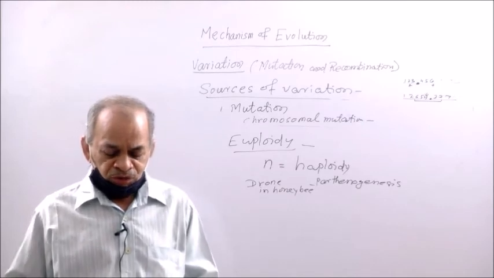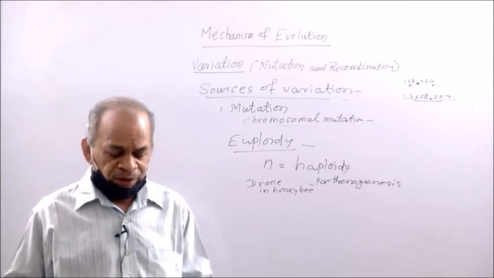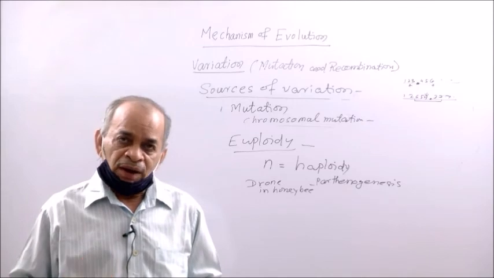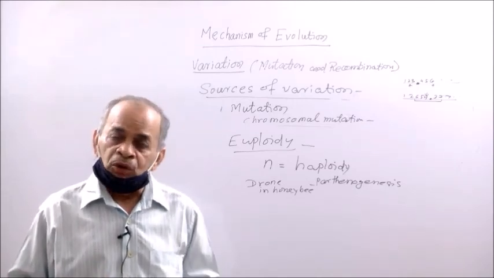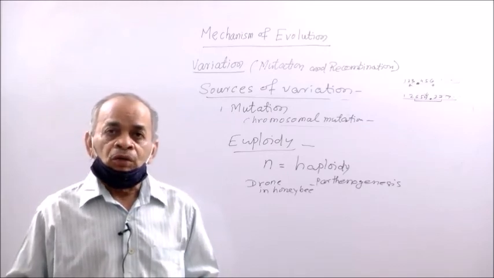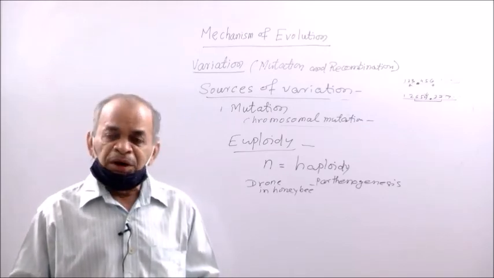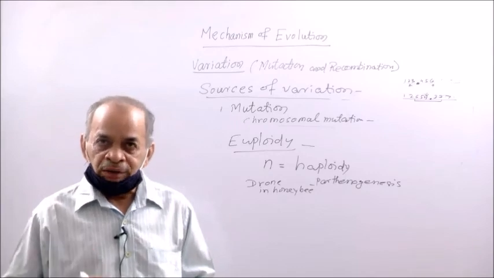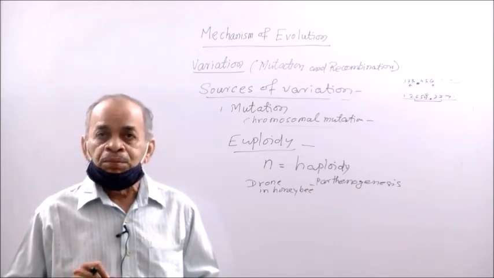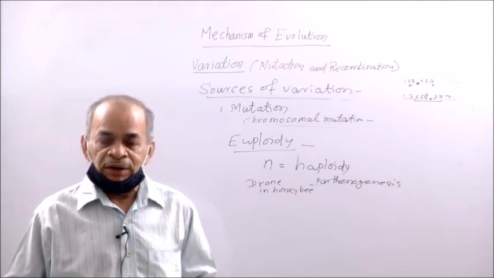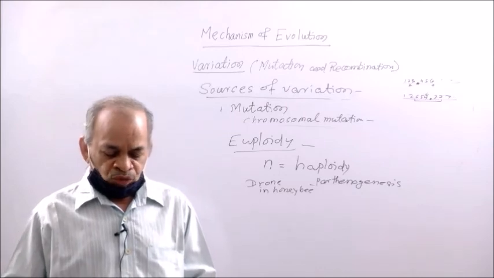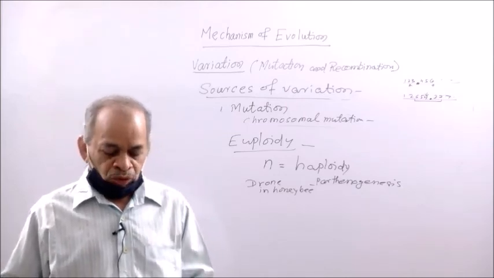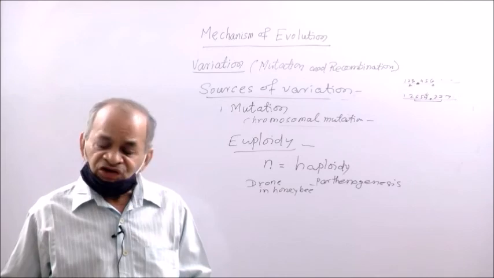If organisms contain more than 2 sets, it is called polyploidy. It may be triploid, 3n, tetraploid, 4n, pentaploid, 5n, hexaploid, 6n, and so on. Polyploidy may originate within the species.